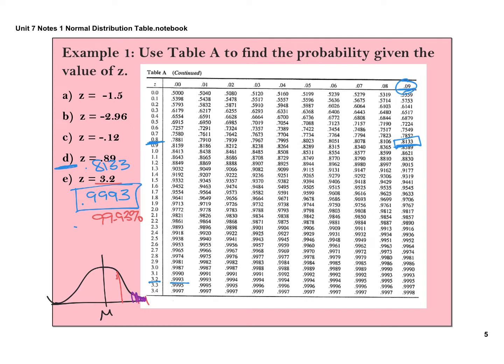So look at all of this probability that I'm shading in. 99.93% of our data is below the 3.2 z-score. That just means that I have hardly any data out here to the right, where my curve levels out at 0 up there. I have hardly any data. Only 0.07% of my data is above that 3.2 z-score line.